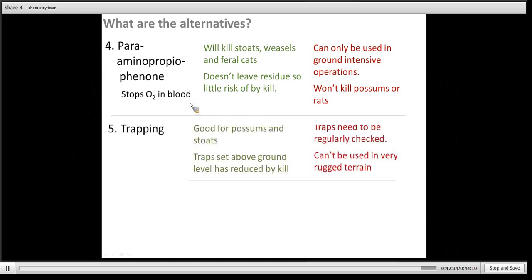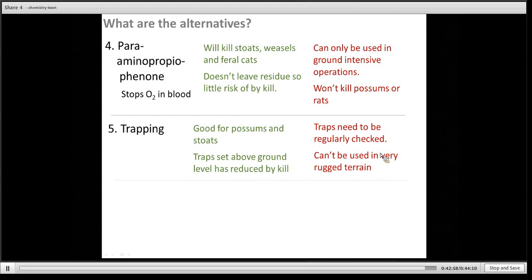Trapping doesn't involve any poisons, so it's really great as far as that goes. You can trap possums, you can trap stoats, you can trap a lot of animals that you want to trap by shaping your trap to suit. You can set the traps above the ground so you don't get the kiwis and so on that have been killed in the past.